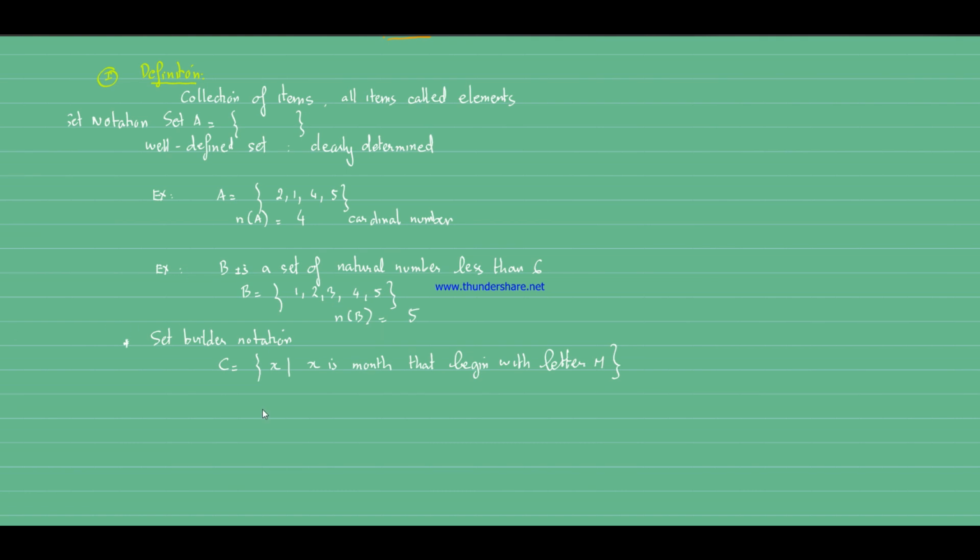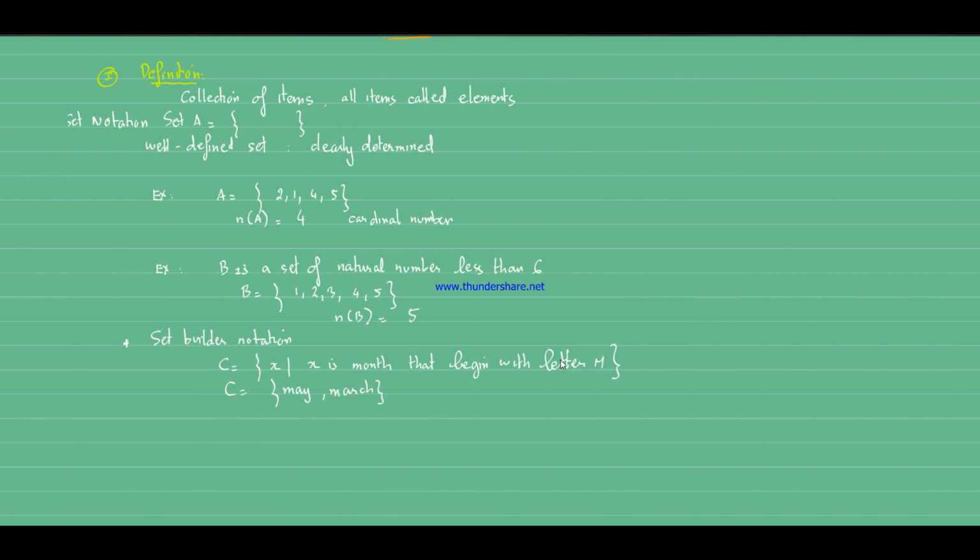Instead of writing C equals May and March, you can use set builder notation. So we have a variable x and a curly bracket like that.